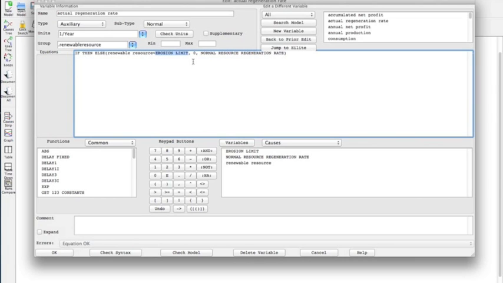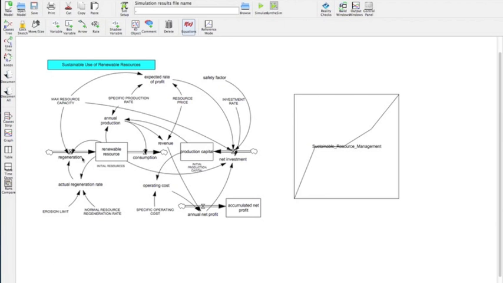So there's a bottom threshold to the regeneration rate of the resource. Otherwise, you're always regenerating at the natural rate. So that takes care of the regeneration.